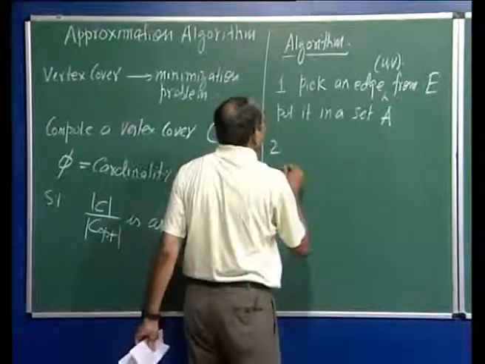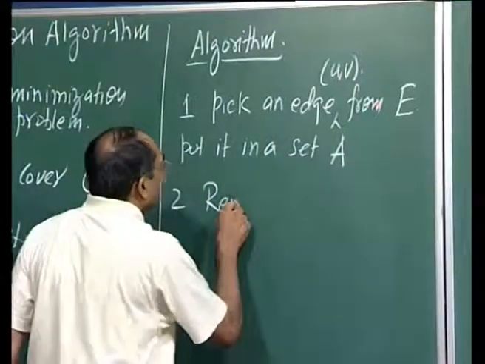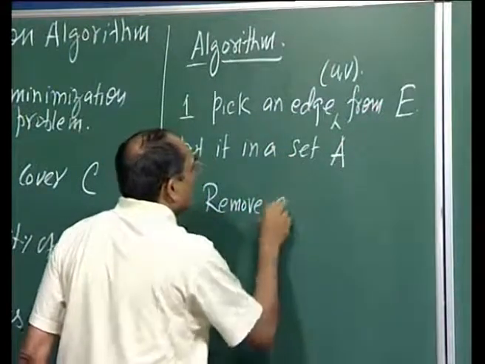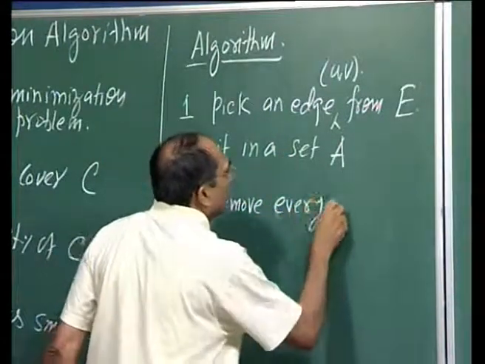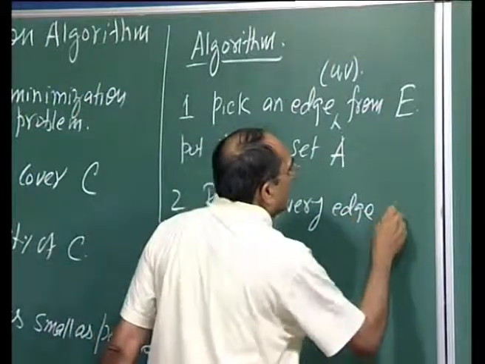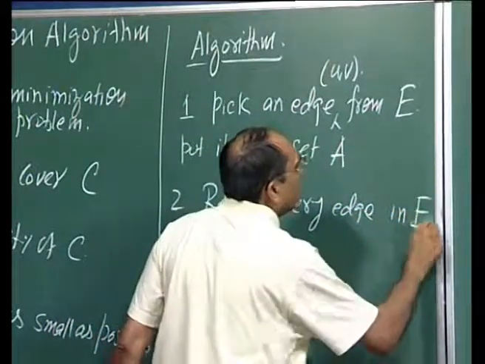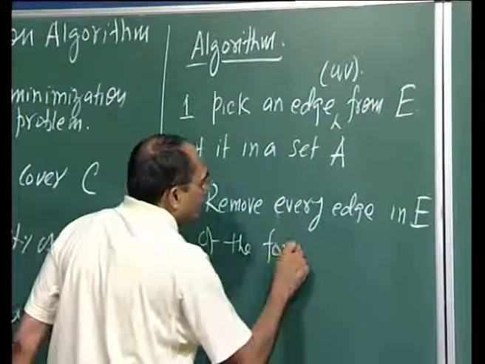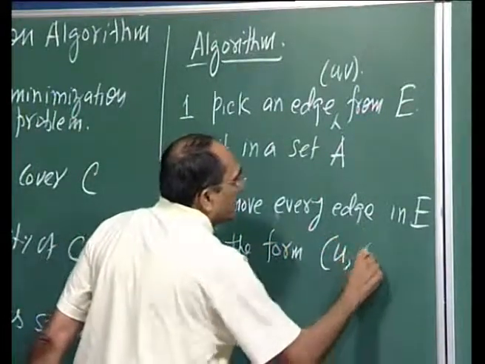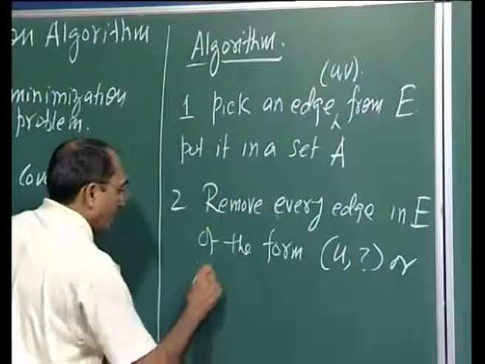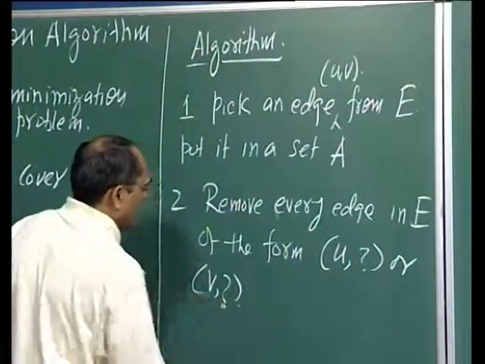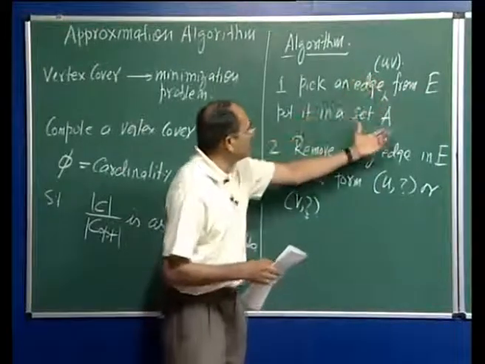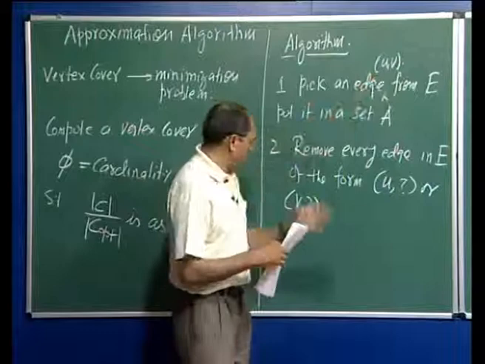In step 2, remove every edge in E of the form U something or V something. So, I take this edge, put it in a set, and remove every such edge.